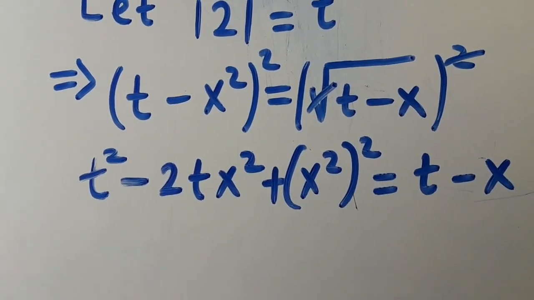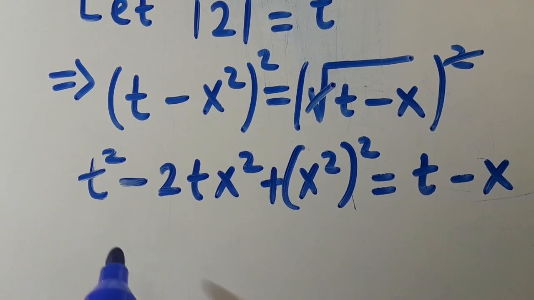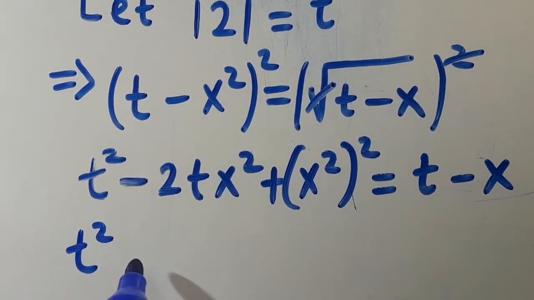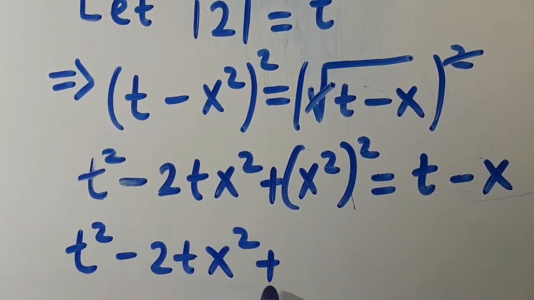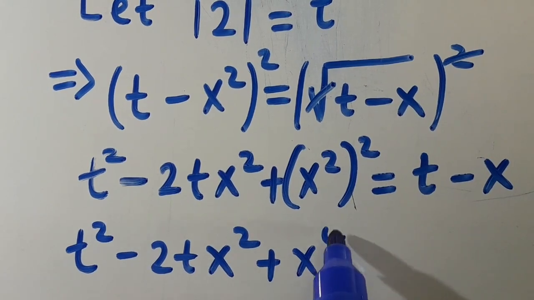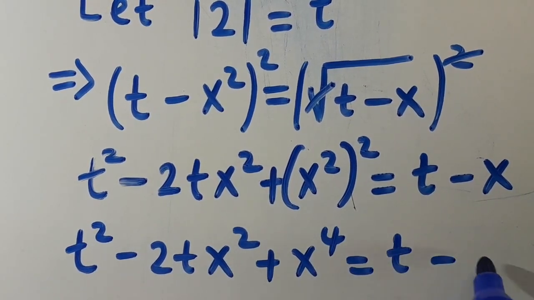Then from here, we are going to have t square minus 2t x square plus x to the power of 4 equals t minus x.